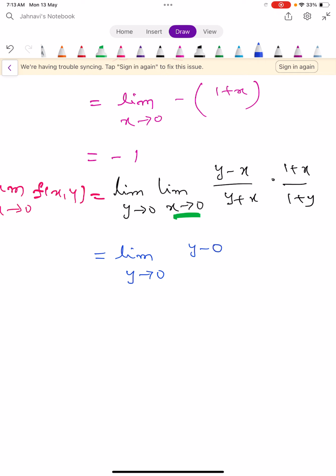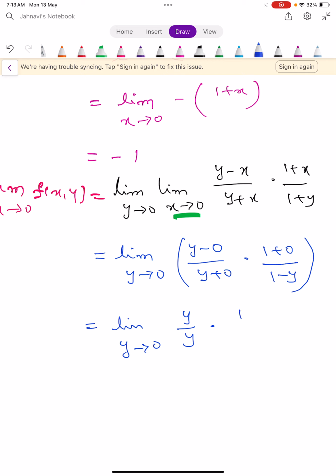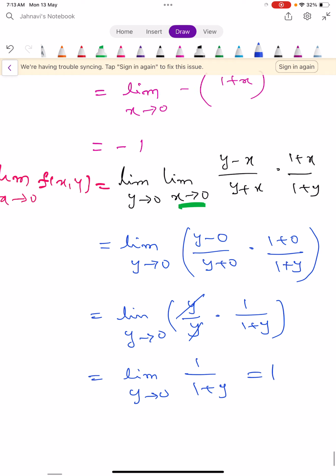As x tends to 0, you get y minus 0 by y plus 0 into 1 plus 0 by 1 plus y. You simply get limit y tends to 0 of y by y into 1 by (1 plus y). The y cancels, so you get limit y tends to 0 of 1 by (1 plus y), which is plus 1.